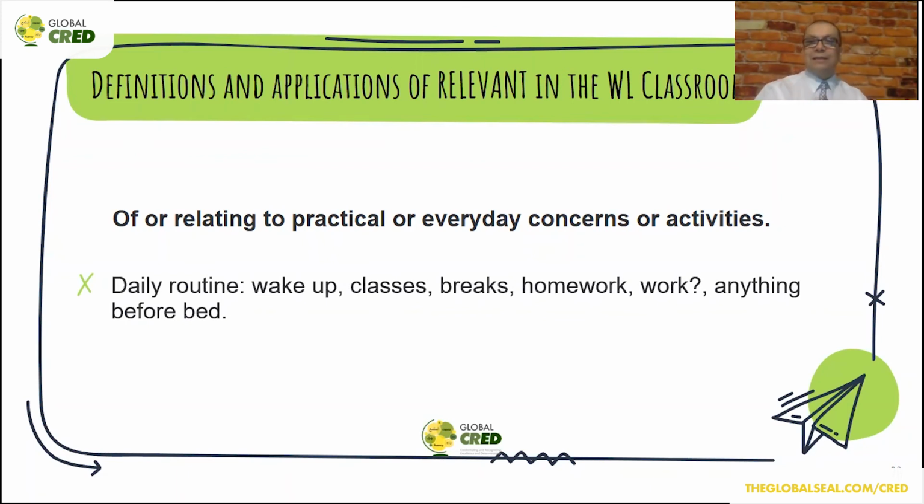But the daily routine for these kids are the time they wake up, the classes they take, the breaks they have at school, the homework, if they work, and anything they do before bed. That's what your lesson should be touching right now.